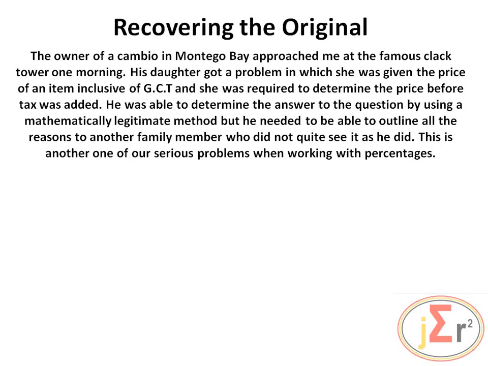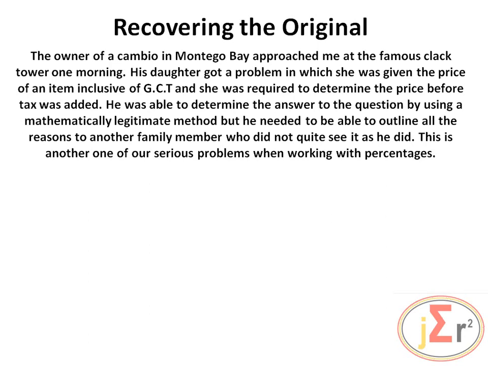He was able to determine the answer by using a mathematically legitimate method, but he needed to be able to outline all of the reasons to another family member who did not quite see it as he did. This is another one of our serious problems when working with percentages. When the thing is already increased or decreased by a particular percentage, and we need to go back and find what the original value is.